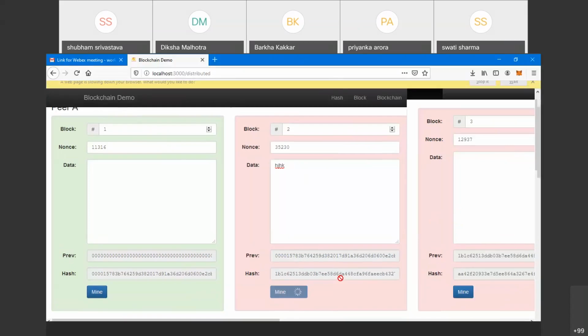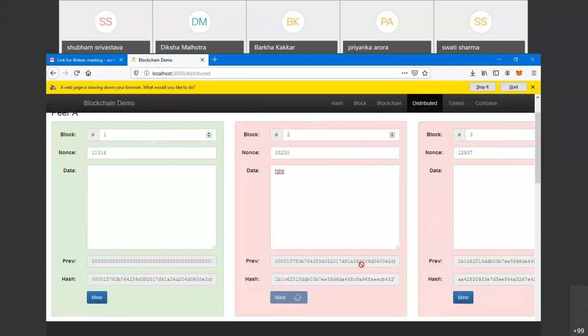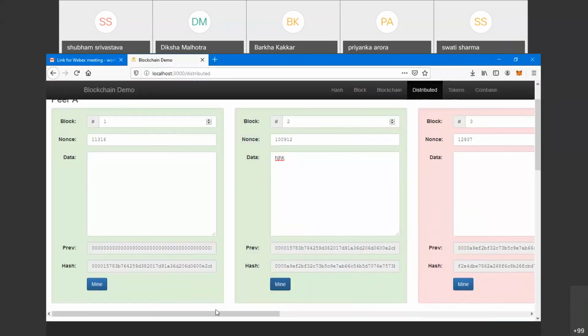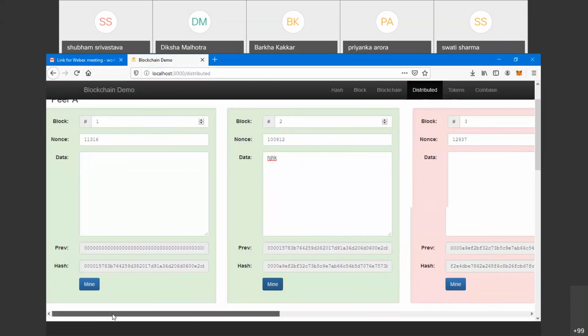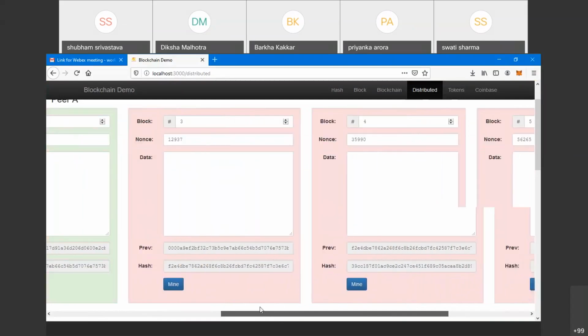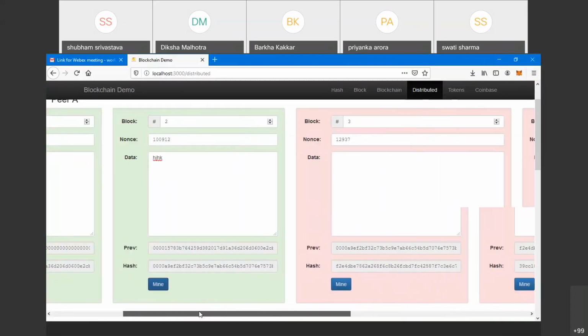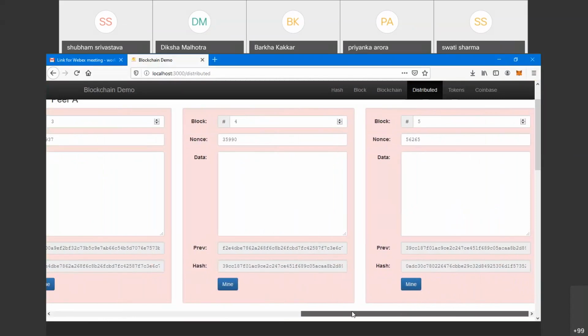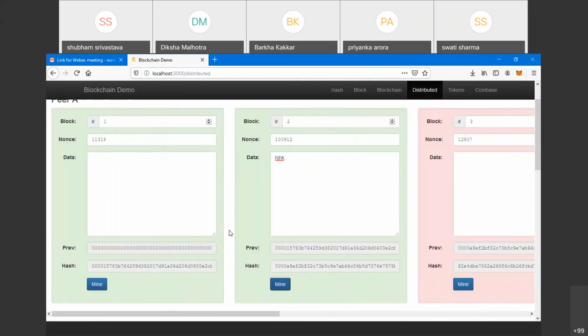So what is the solution? In order to perform any malicious activity, peer A will have to remine all these blocks. It is a very high amount of computation, right?